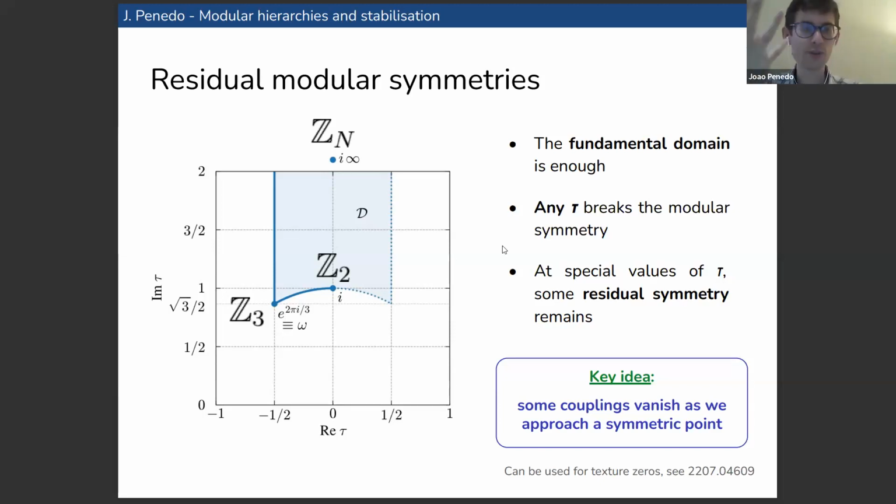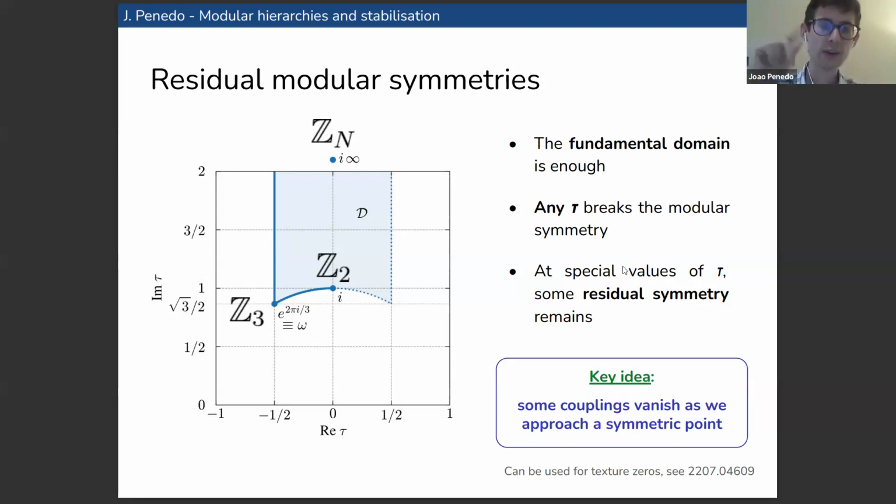So if tau, or equivalent values of tau, corresponds to tau equal i, this middle point here, you break the modular group, but not a Z2 symmetry associated to the S generator. Similarly, you are almost preserving a Z_N symmetry, where N is the order of the finite modular group, and you are essentially not breaking the T generator.